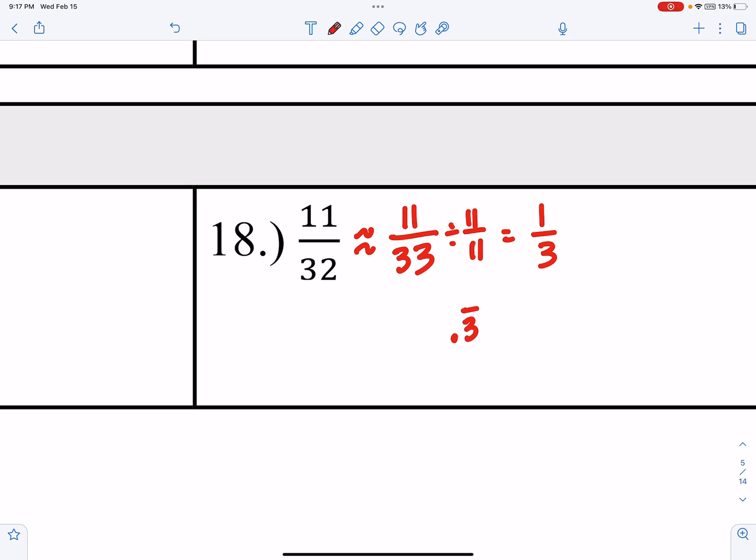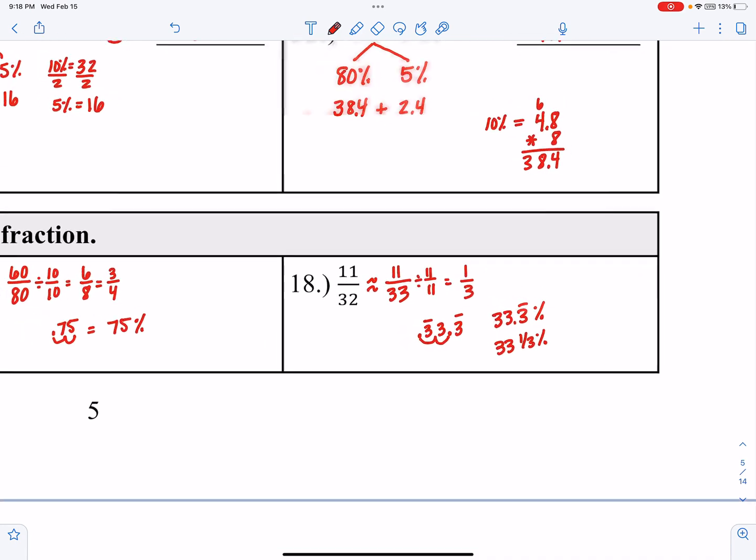Okay, and so if I move the decimal to the right 2 spots, 1, 2, I have 33. I need to represent that repeating still though. 0.3 repeating, so 33.3 repeating percent, okay, by multiplying by 100. Or we know we could write 33 1/3%, okay, as our final answer for that one.